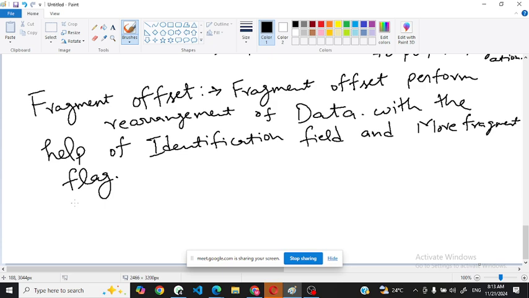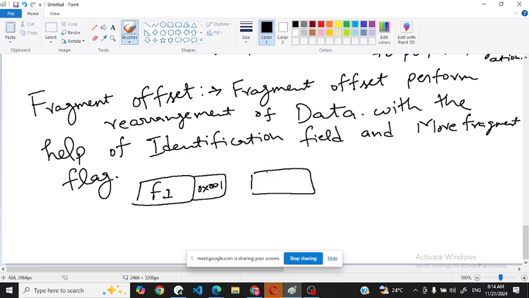Yeah, let me give an example to you guys so that it will be clear. Suppose that there is a fragment F1 with identification 0x001, F2 with 0x002, F3 with 0x003.